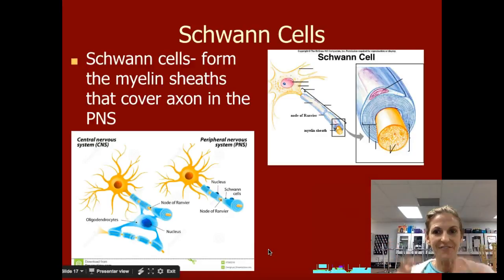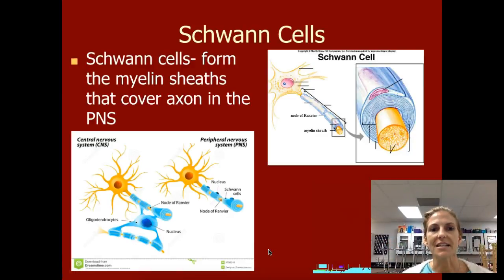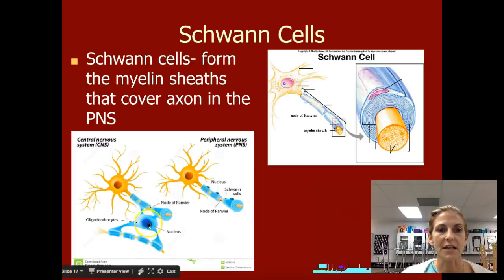Two cells left. So oligodendrocyte is in the CNS. Schwann cell, similar cell in the PNS. So down here you see the oligodendrocyte. Notice its whole body is outside of the cell. Here you have the Schwann cell. Theodore Schwann we learned about in 9th grade with the cell theory.